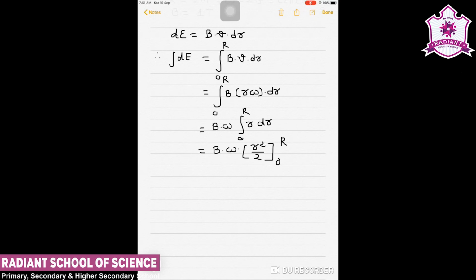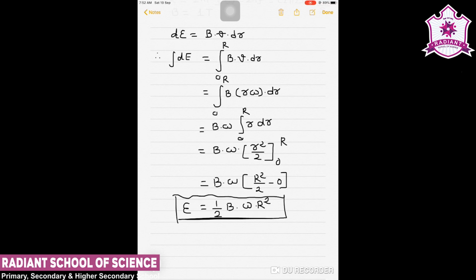By putting the limits, that is upper limit minus lower limit, this is B omega r square by 2 minus 0. So the equation that we have ultimately obtained is 1 by 2 B omega r square, and this is the EMF induced in this arrangement.